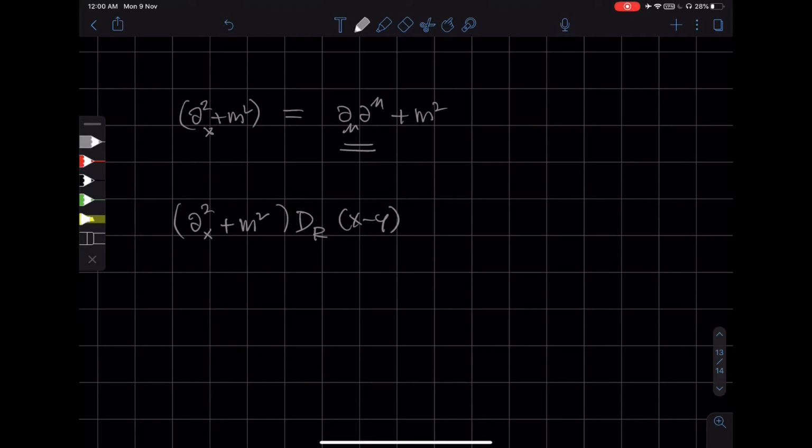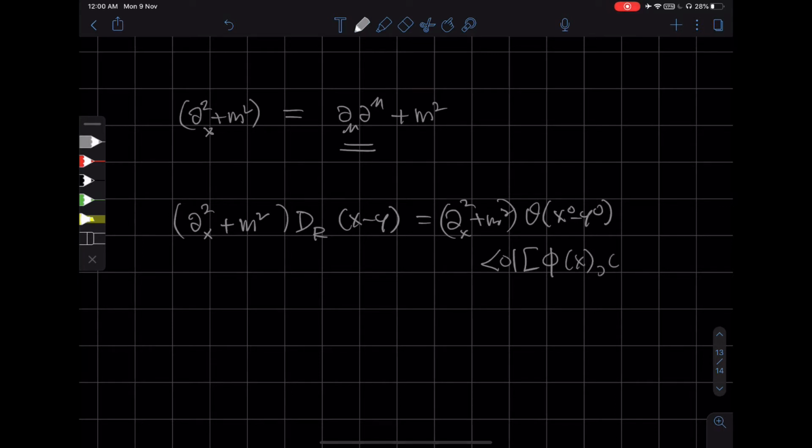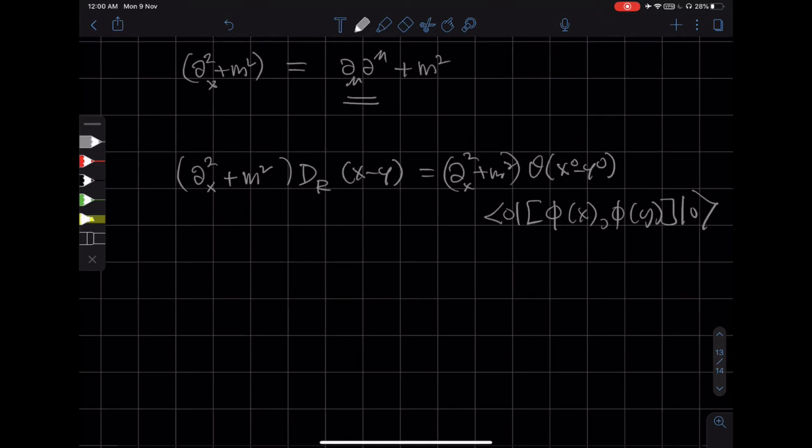So what is the retarded propagator? The retarded propagator is given by the theta of x0 minus y0, and then the vacuum expectation value of the commutator of phi of x and phi of y. Now, our function phi of x is a quantum operator. It satisfies the Heisenberg equation of motion.